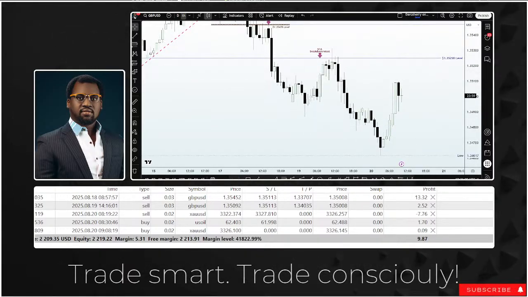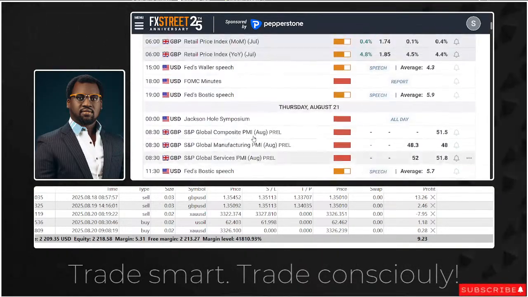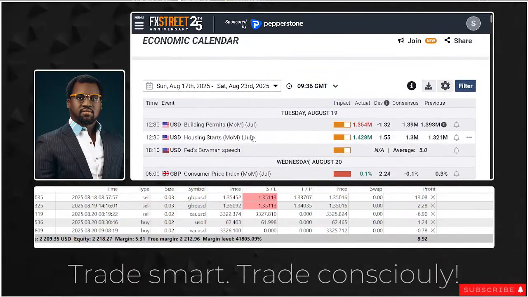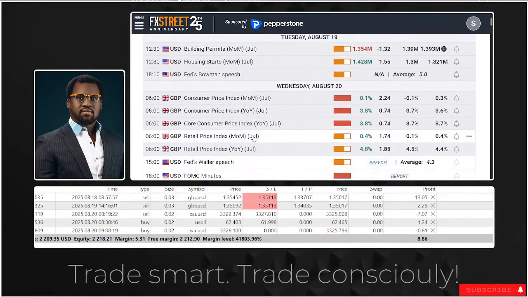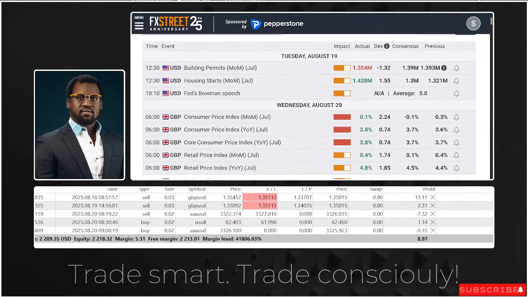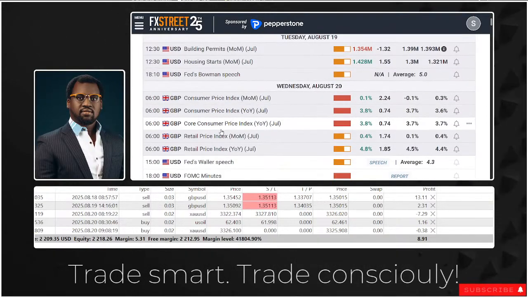And if you look at the structure closely, you would notice that the pound sterling is doing some form of recovery, right? And why is that so? Well, if we look at the economic calendar this morning, the UK inflation figures dropped, that is the consumer price index, and of course it came in hotter than what the market was expecting.